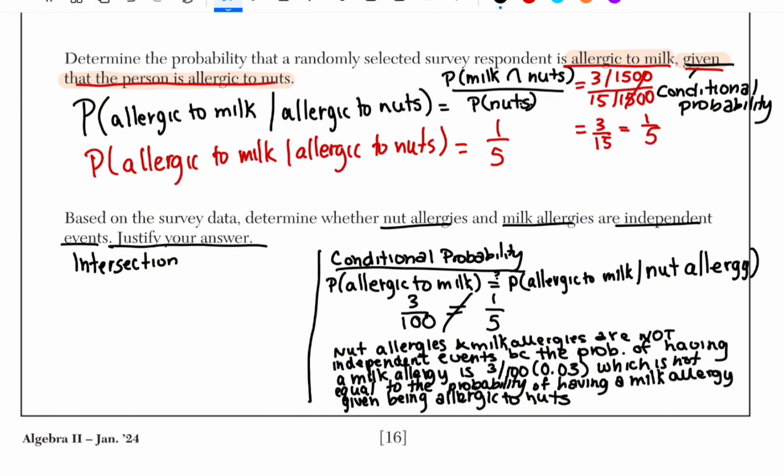Which is not equal to the probability of having a milk allergy of 1 over 5, 1/5, 0.2. So because the probabilities are not the same, these events are not independent.